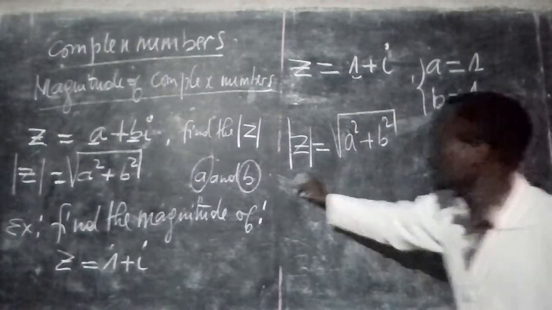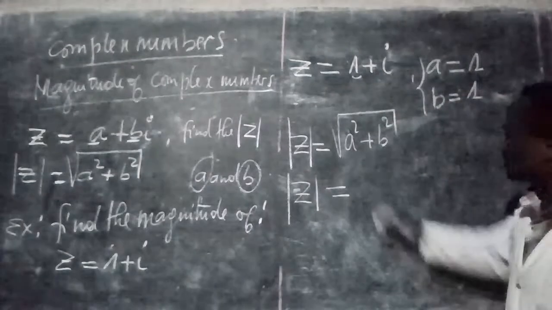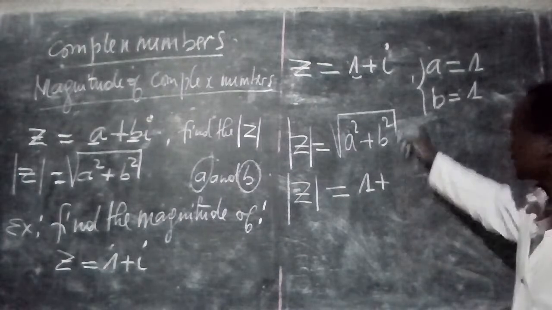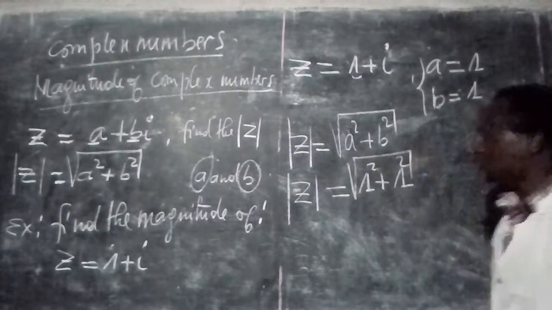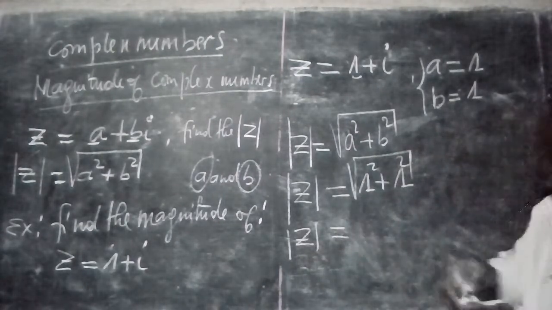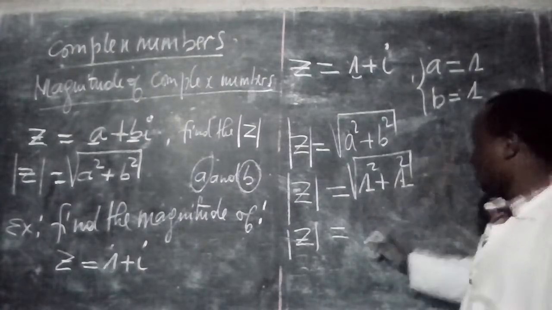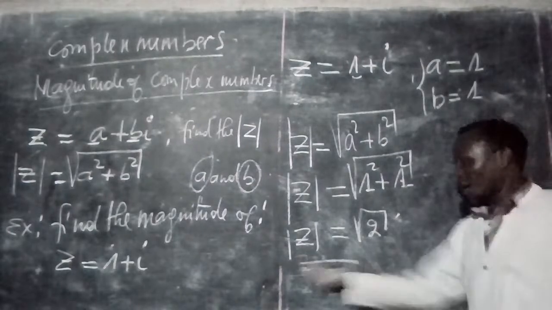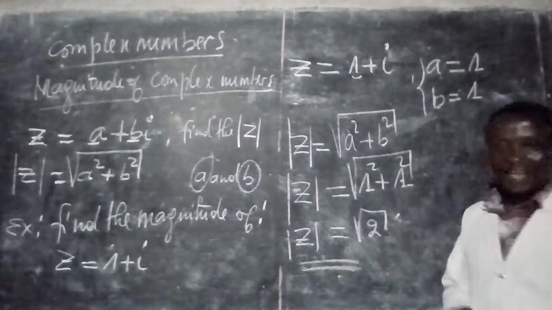So the magnitude is the square root of 1 squared plus 1 squared. Then this is 1 plus 1, which is the square root of 2. So this is how to find the magnitude of a given complex number.